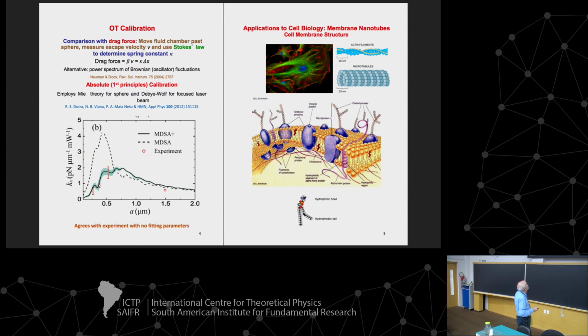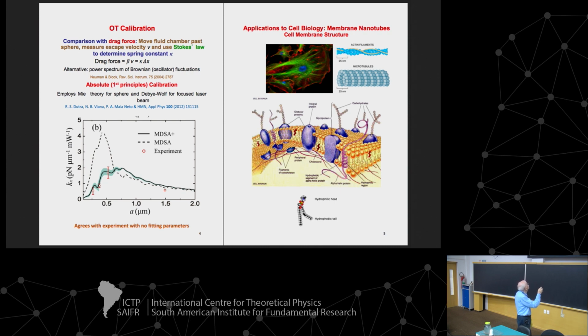Now, this is an experimental calibration. Another experimental calibration is to follow Brownian oscillations of the trapped microsphere around equilibrium and study the power spectrum of the Brownian fluctuations.